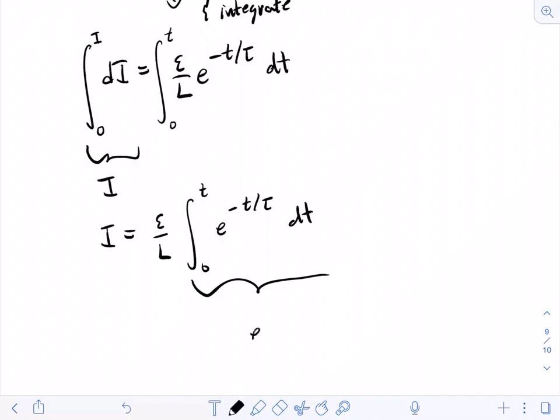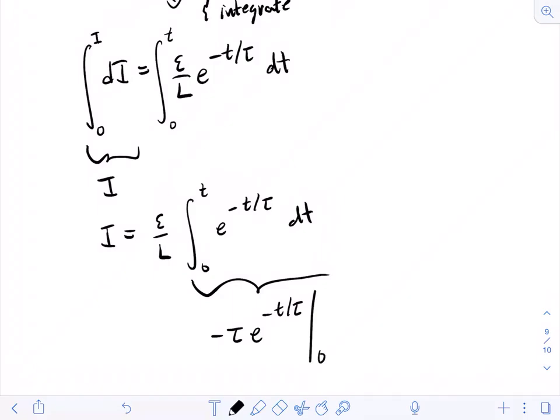When we integrate an exponential, we get the exponential back again, and we must also pick up a factor of minus tau. You could verify that by taking the derivative of minus tau e to the minus t over tau, and what you should get back is e to the minus t over tau.